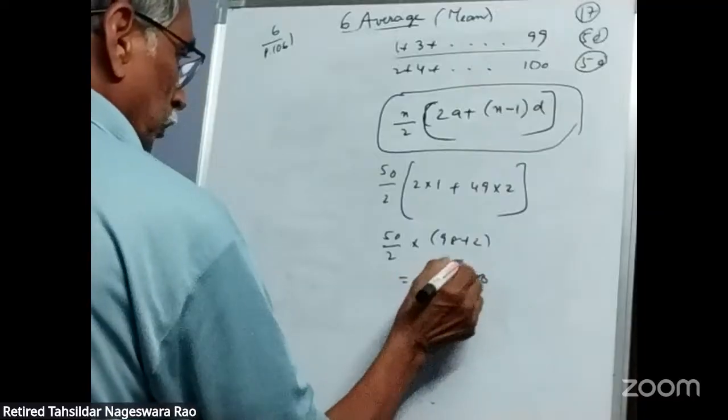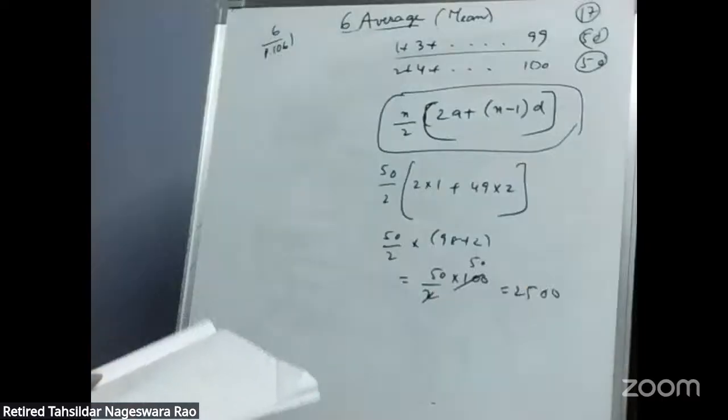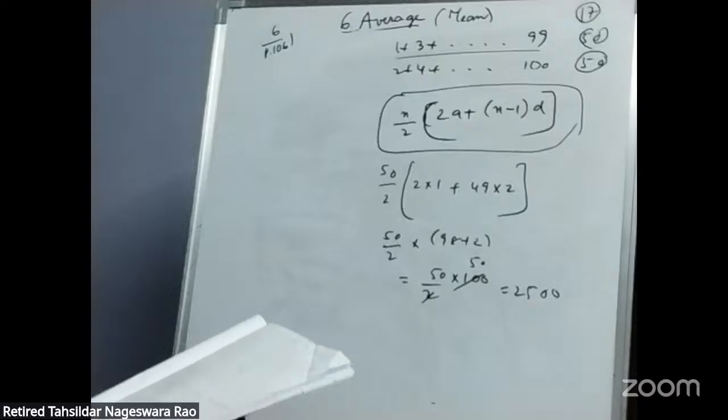Multiplication: 25 into 100 is 2500. 2500 is the sum of odd numbers.